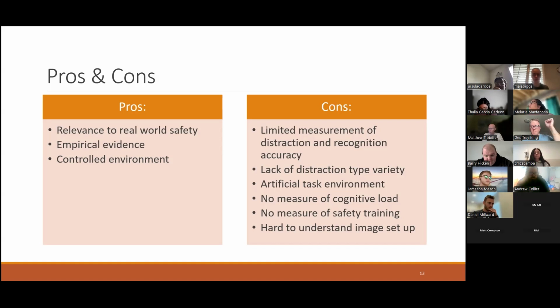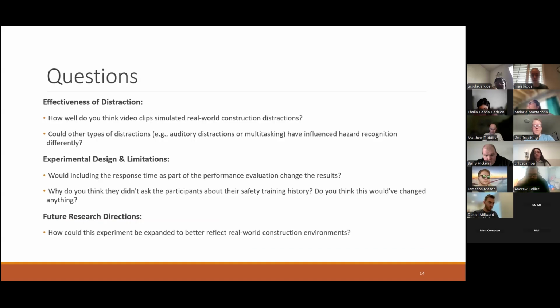So if somebody was trained sooner or later, or how often, or if they received no safety training, to me that impacts how well somebody's going to recognize a hazard. And then I felt like it was hard to understand how the case images and videos worked together. And then these are some questions, but if anybody else has any.